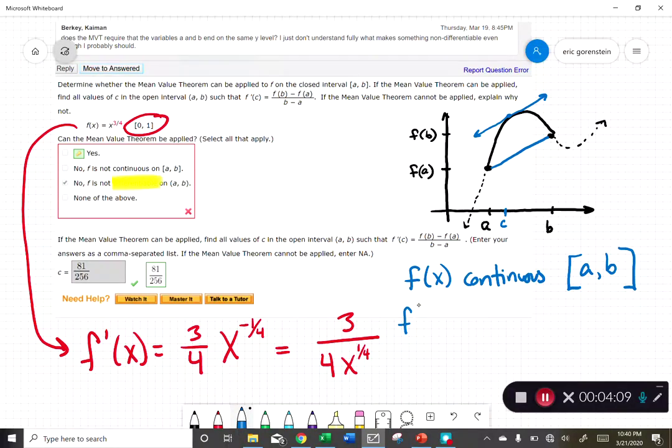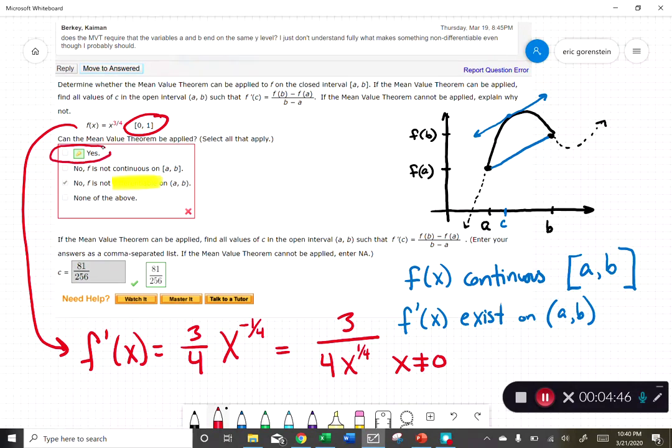And we need f prime of x to exist on the open interval a to b, meaning it has to exist everywhere between a and b, or in this case between 0 and 1, but not necessarily at 0 and not necessarily at 1. In this case, the derivative exists everywhere except x cannot equal 0, but that's fine because that's not on the inside of the interval.